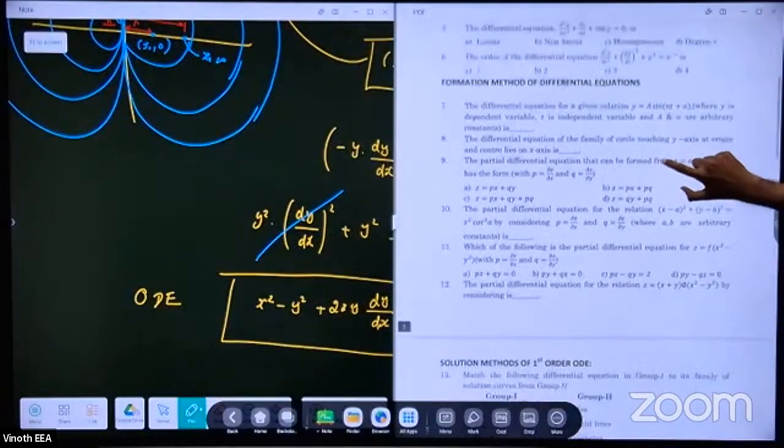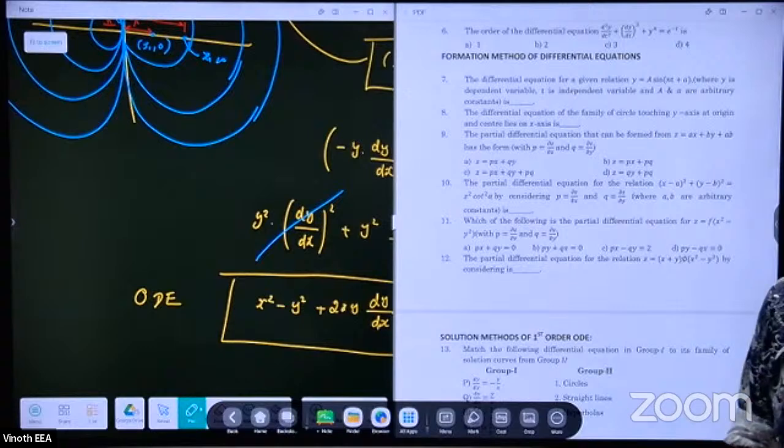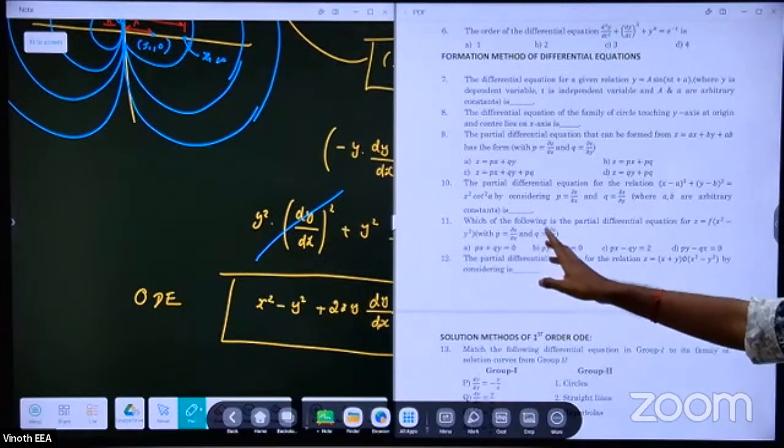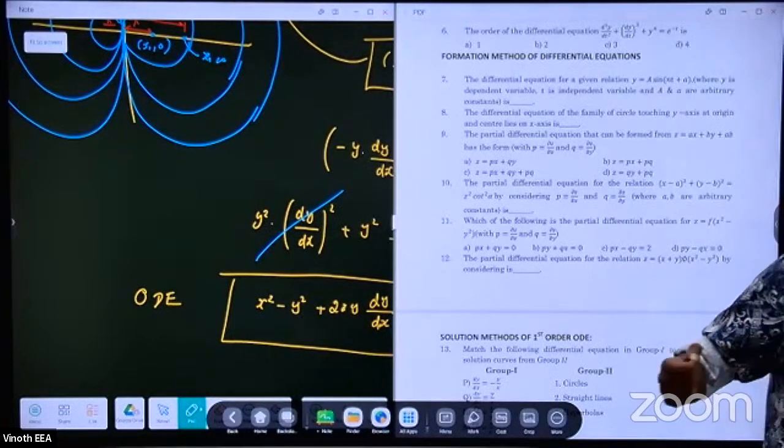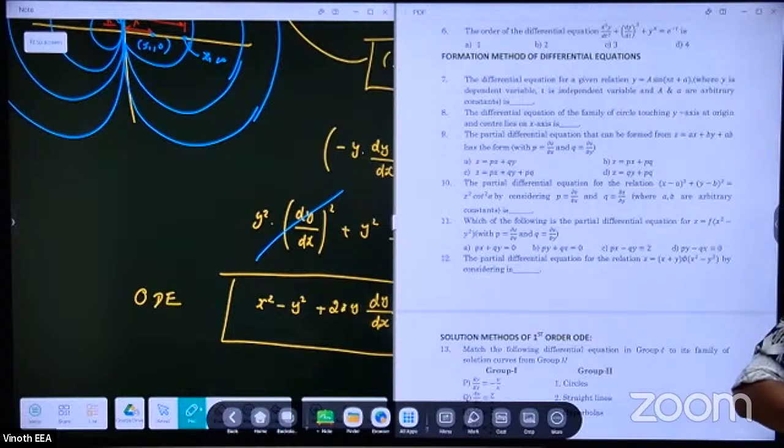9th one. Is the eighth finished? Can move to 9. Yeah, move to 9. So one second, I will say. C, I think it is. You didn't understand the question.